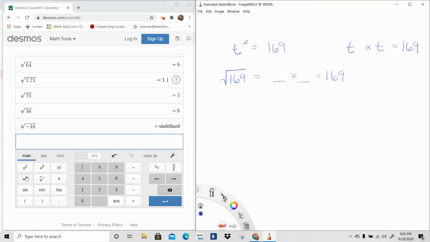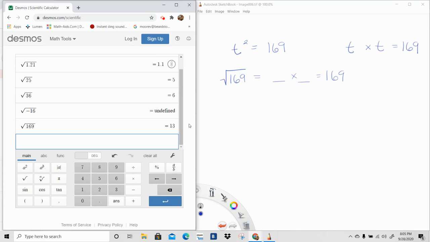We do our square root symbol, we type in 169, and we find out that the answer is 13. The square root of 169 equals 13. So when you get any kind of equation where it says a number squared equals another number, you're going to take the square root of that number to find out what the variable is.